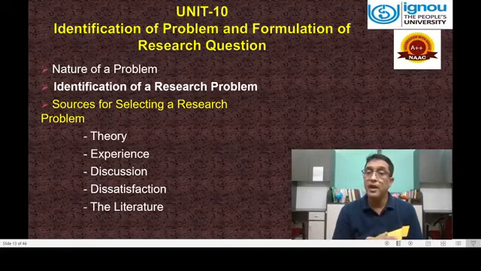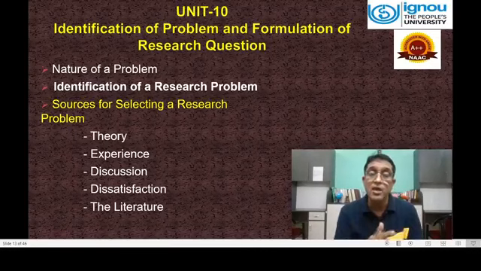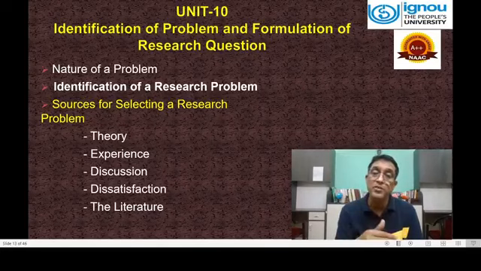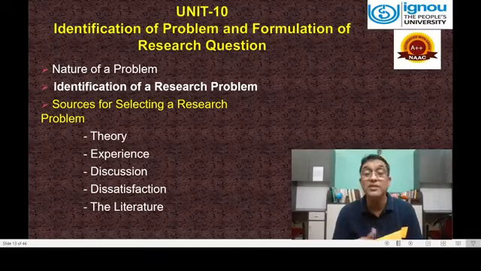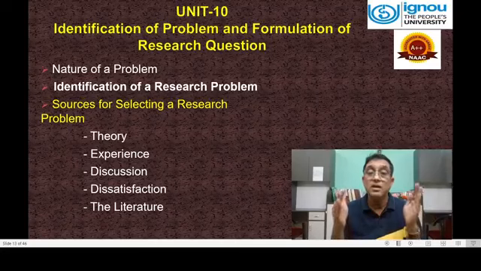And I have already said that to identify a research problem, first of all you have to select one area, whether that area is educational technology, measurement, educational philosophy, educational psychology, school leadership and management, distance education, or at present the things which are going on across the country or across the globe.